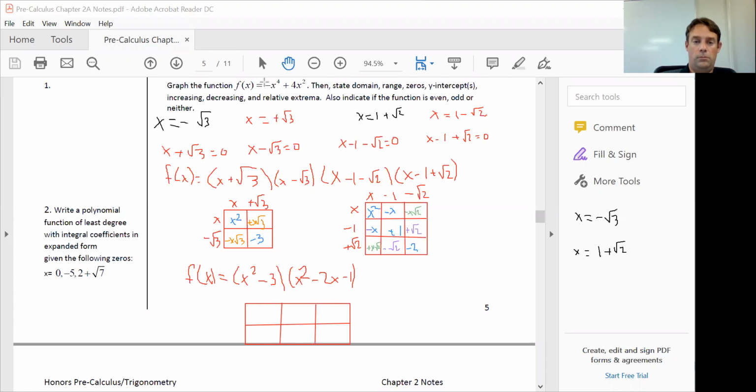So we have x squared minus 3, x squared minus 2x minus 1. And we are going to end up with a fantastic polynomial. Shoo. You guys are being troopers, I tell you what.